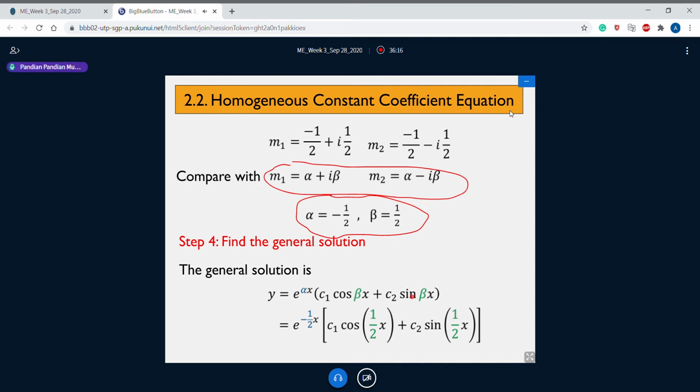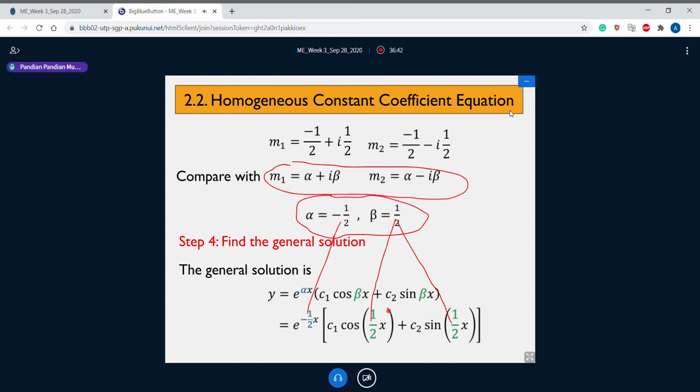And the final general solution is y equals e to the alpha x in the bracket c1 cos beta x plus c2 sin beta x. So the alpha is minus half, you plug in here, in the bracket c1 cos beta of x plus c2 sine beta of x.